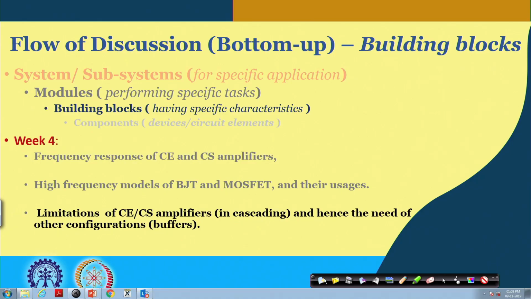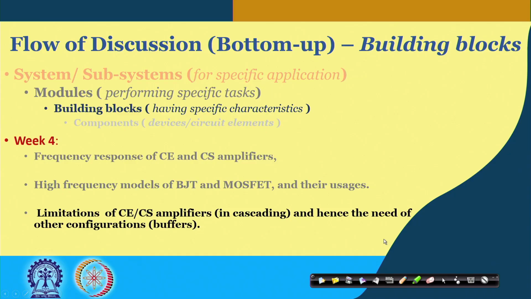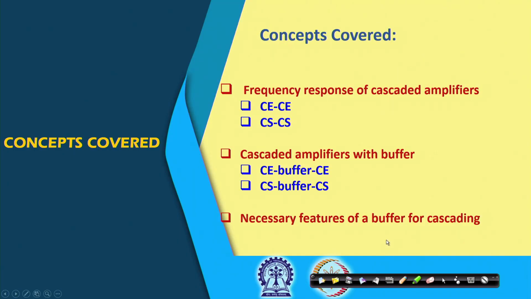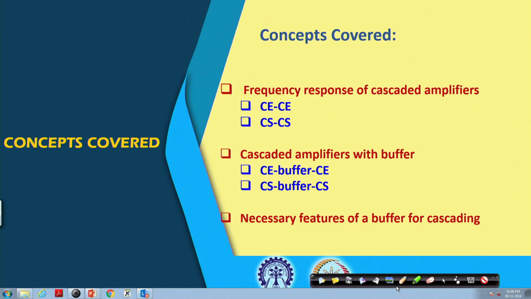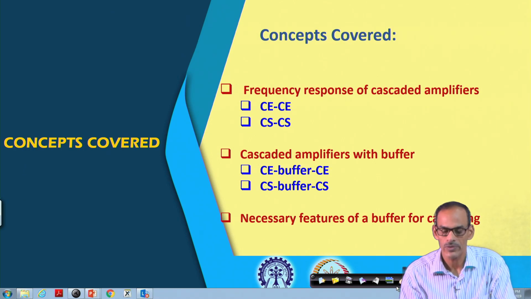So, what are the concepts that will be covered in today's class? It is to appreciate what the limitations or restrictions are for common emitter or common source amplifier configuration.